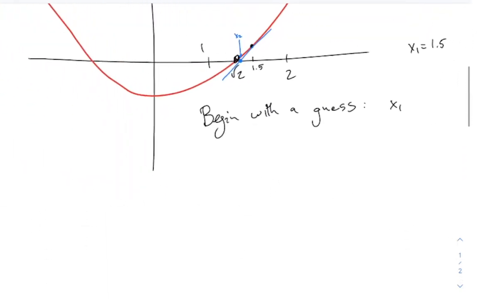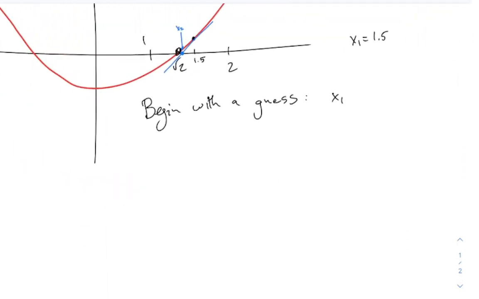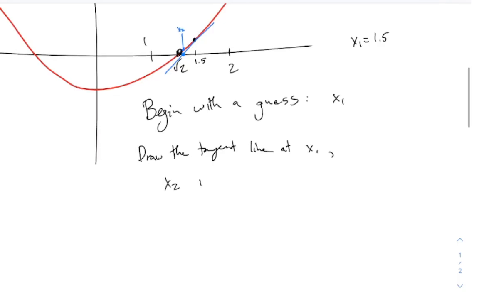So let me just say, you begin with a guess, x1, and then you draw the tangent line at that guess point, x1, which is the blue line that I drew in the picture. And then you say x2 is the x-intercept of that tangent line.